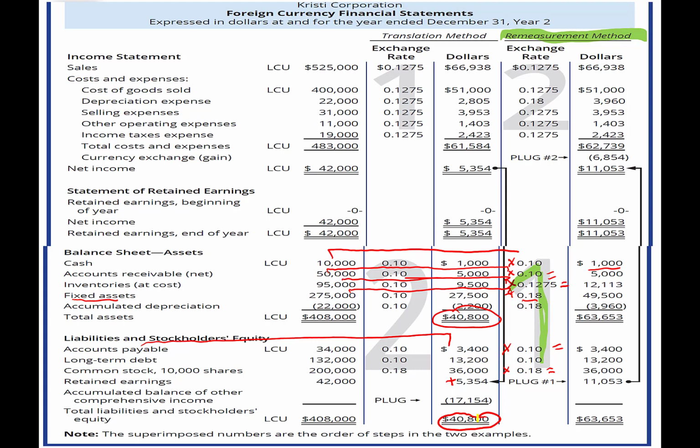But if you add these numbers up, they do not add up to 40,800. So the balance sheet won't balance here unless we plug in a number to bring the total stockholders' equity to where it will balance. And so we basically plug in this number here.